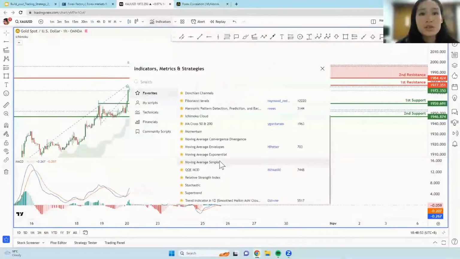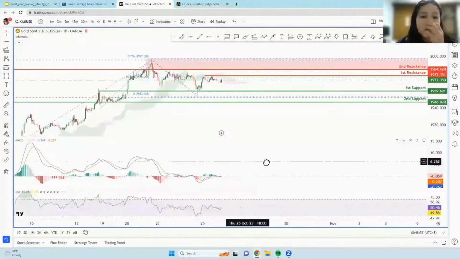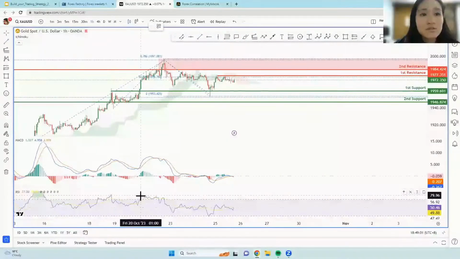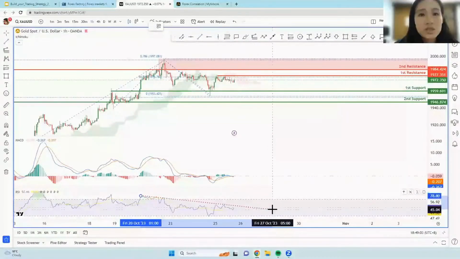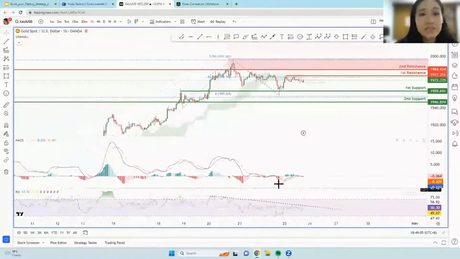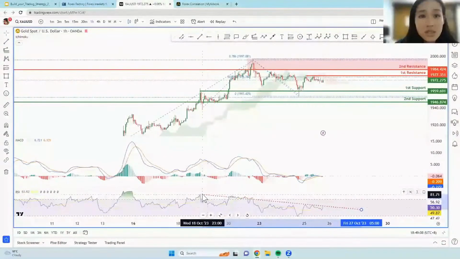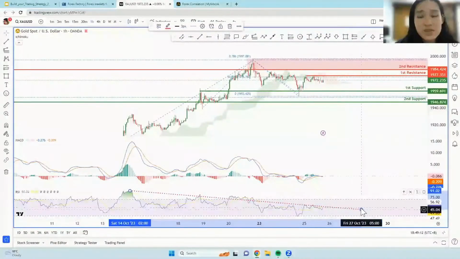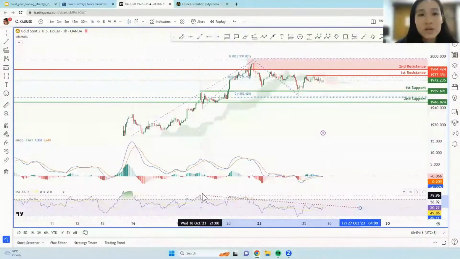But I'm gonna go in just to double check. I'm gonna go in with another indicator as well. So it's really important to have a bunch of indicators that you're really comfortable using because there are so many indicators out there. So a bunch will tell you that it's bearish, and then the other half will tell you that it's bullish.